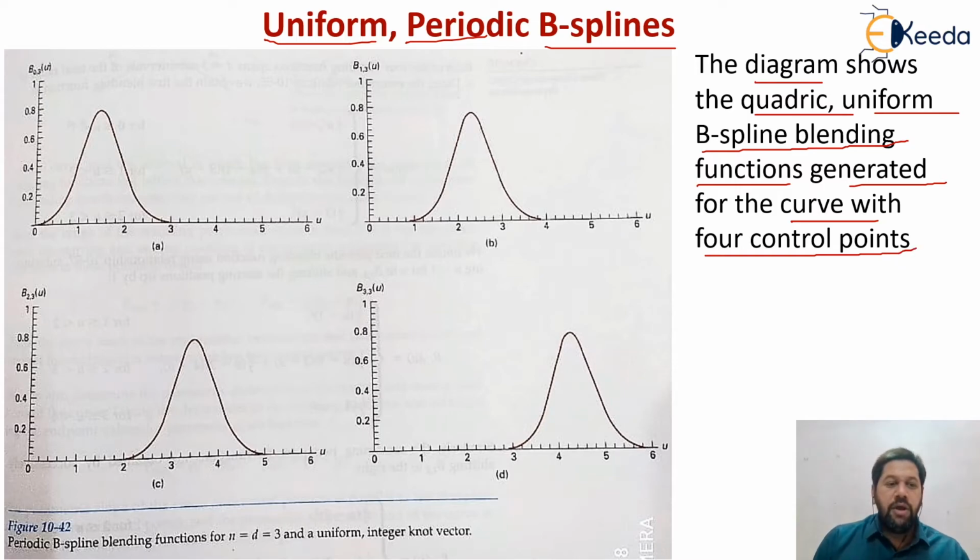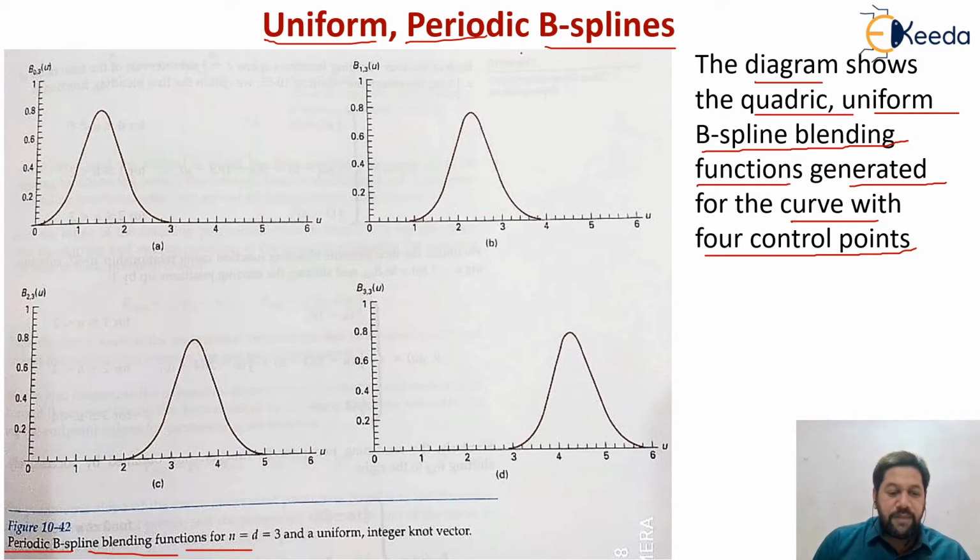Here we have considered these as the periodic B-spline blending functions. Most of the time you can consider this as a periodic sinusoidal wave, a periodic sine wave.